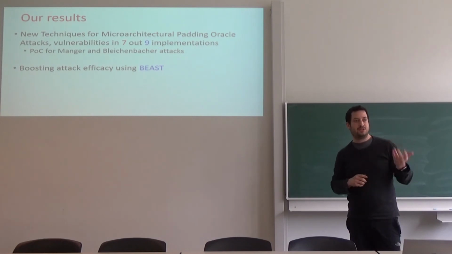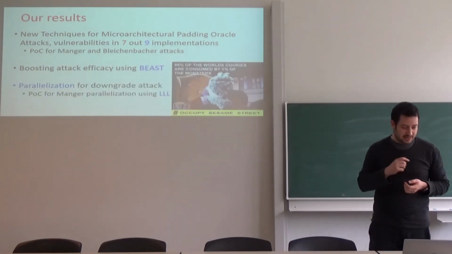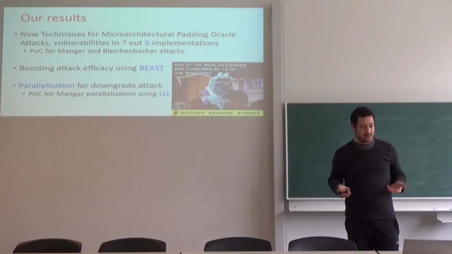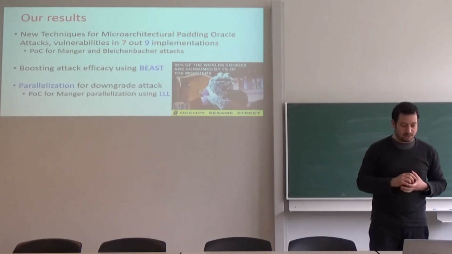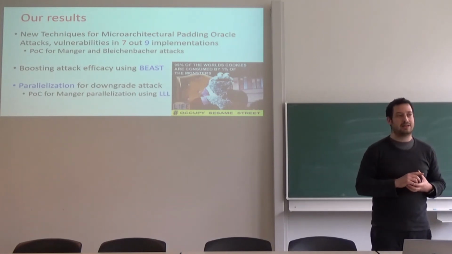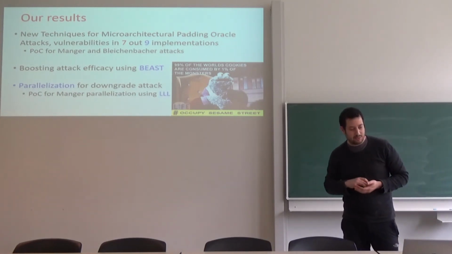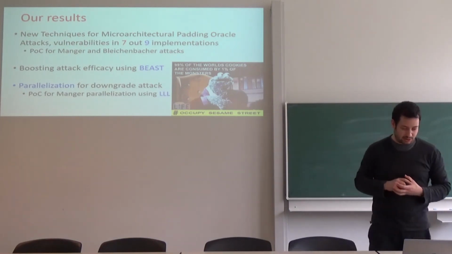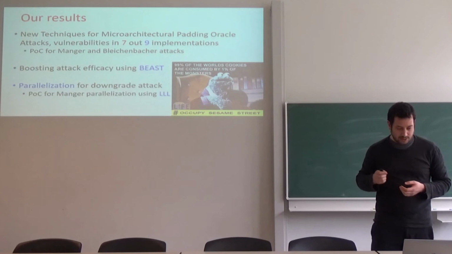We can boost the efficiency of our attack using the BEAST attack, and we use parallelization in order to do a downgrade attack and actually be able to attack all of the different users. And we have a proof of concept for this lattice attack based on the Manger oracle. So we get all of the cookies in the world.